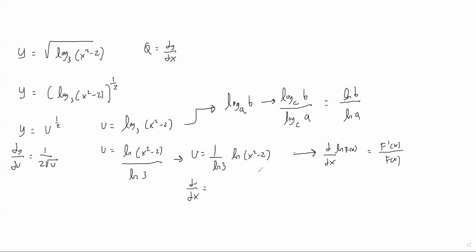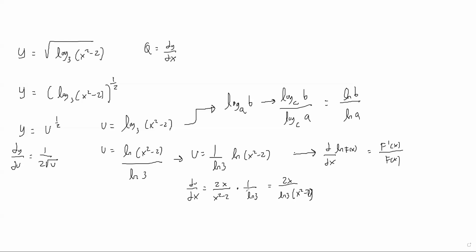So with a regular derivative, f prime of x will be equal to 2x. So we have 2x divided by x squared minus 2. And don't forget, we still have ln 3 here, so we multiply by 1 over ln 3. So we're going to end up with 2x over ln 3 times (x squared minus 2).